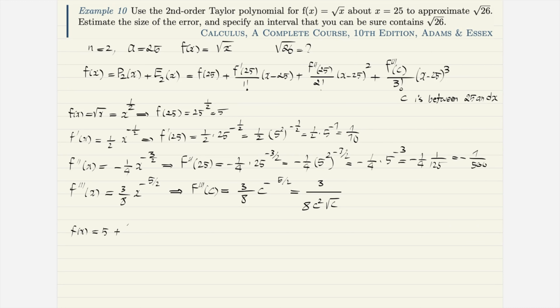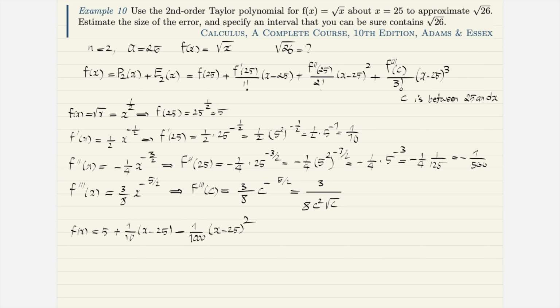It remains 1 over 10 times x minus 25, and then plus this number divided by 2 factorial, which is 2. So it will be minus 1 over 1000 if I divide this by 2. So let me clean this. So it becomes minus 1 over 1000 times x minus 25 to the power 2.